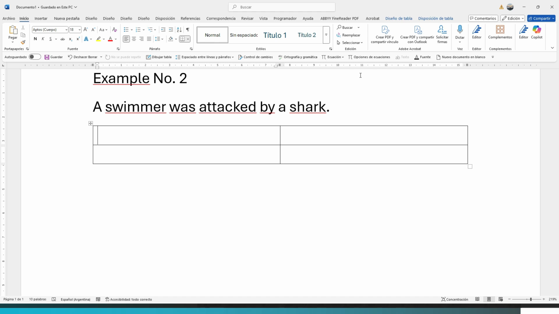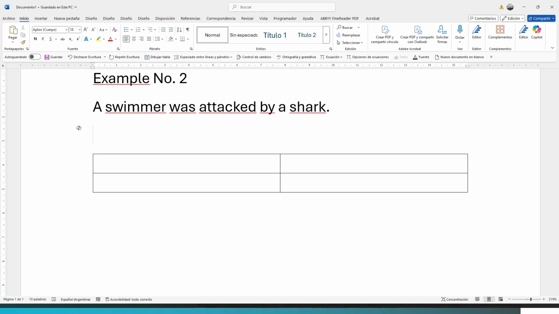Here we have a swimmer was attacked by a shark. Remember to translate the sentence into Spanish first, always. And here we have a passive construction. Remember that when we have a passive construction followed by the doer of the action, the agent complement, in this case, by a shark, we can use modulación pasiva por activa en español.